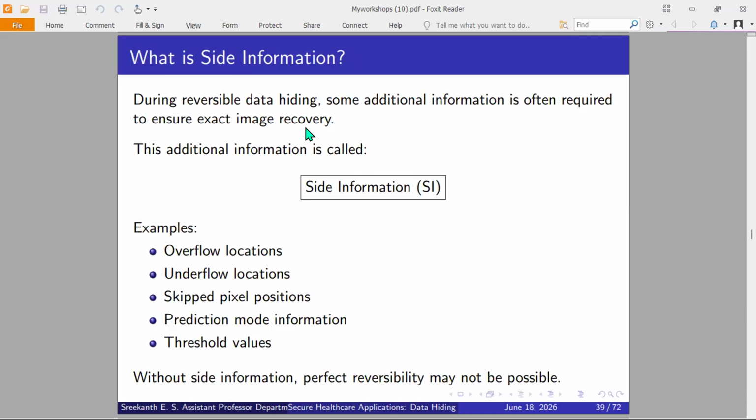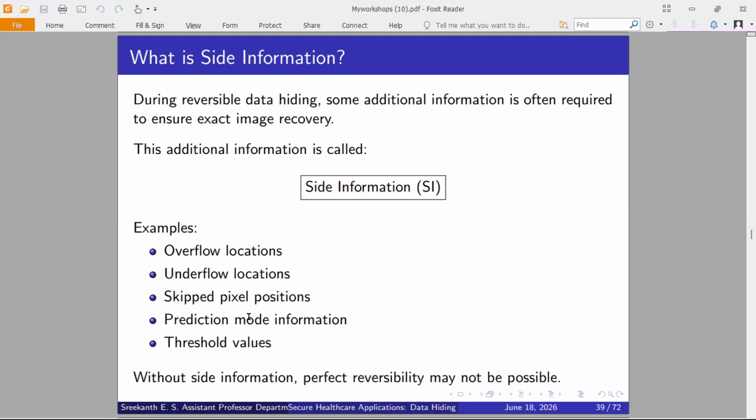Before that, what are the side information we have? We need to share some of the side information as we told before. That is, for this also there can be overflow locations, underflow locations, then some kind of prediction mode information, which prediction you are using. Okay, and skipped positions. Some positions we need to skip because of some overflow problems or some other problems.